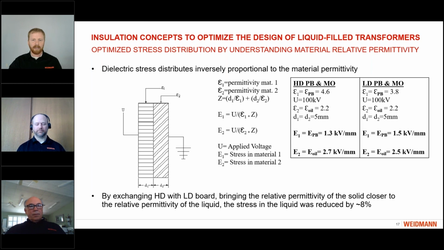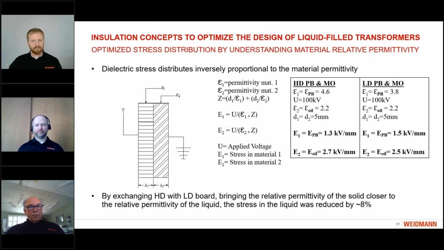On the right-hand side of this slide, I just want to show an example of two different systems, one with high-density pressboard and mineral oil, and the other being low density. If we refer back to the previous table, we see high density pressboard has a relative permittivity of 4.6 compared to the low density material at 3.8.